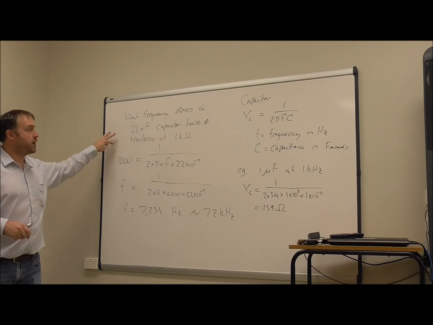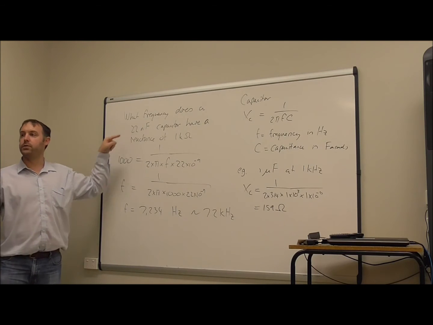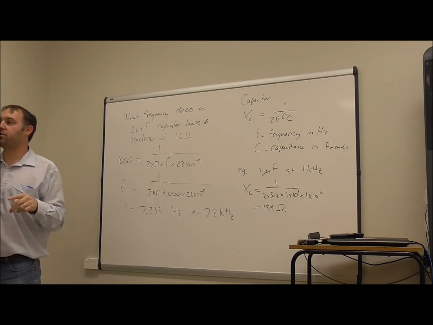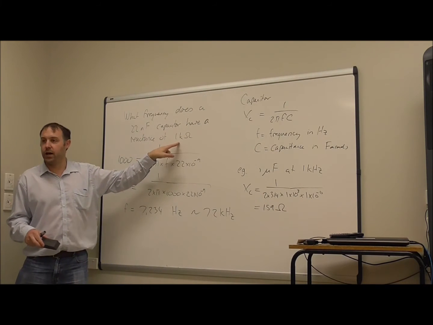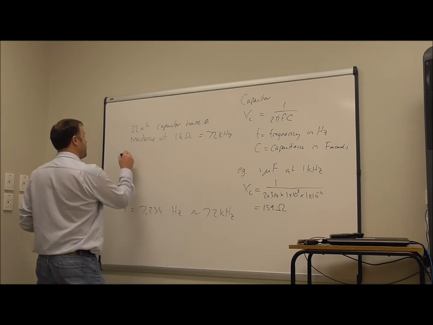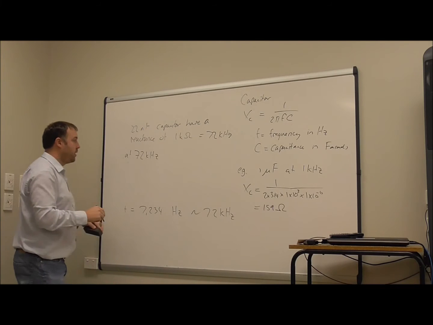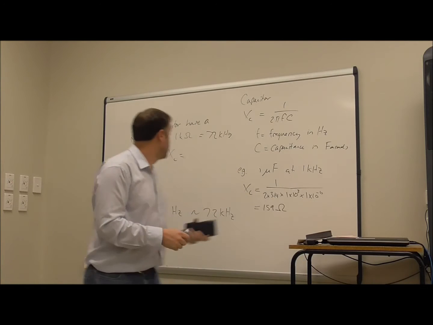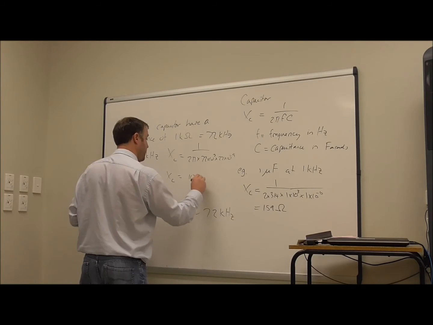If I were to calculate the reactance of a 22N capacitor at a whole bunch of different frequencies, what we would see is that it wouldn't be the same amount each time. It would be changing as we go along. At 7.2 kilohertz, this capacitor has a reactance of 1K, but at 72 kilohertz, X is going to be much less, and it's 100 ohms.